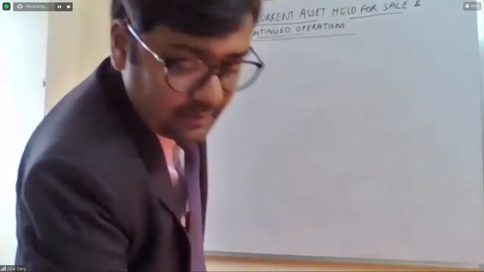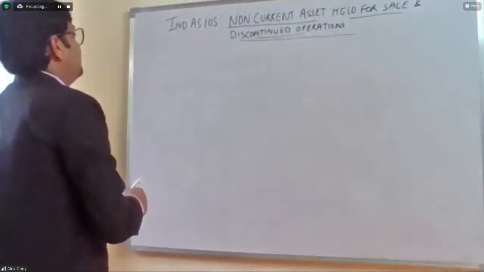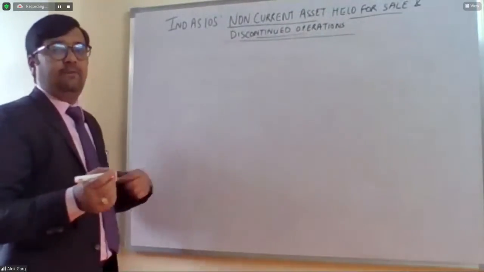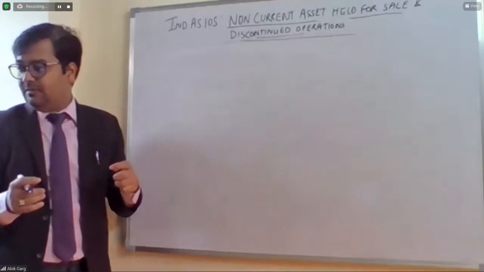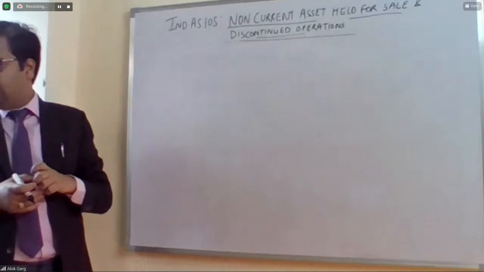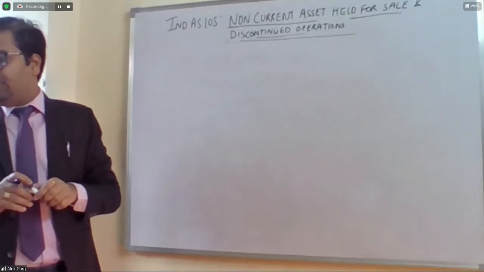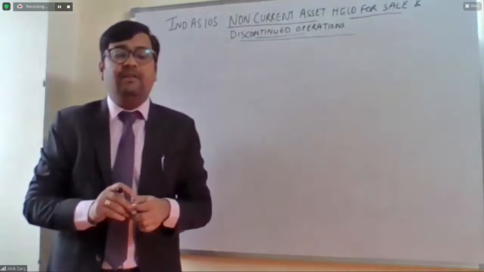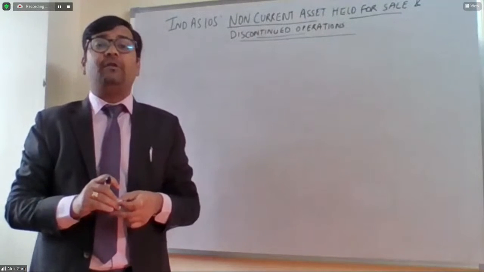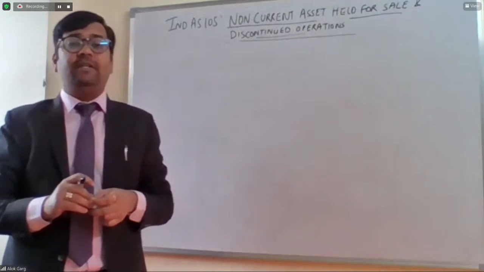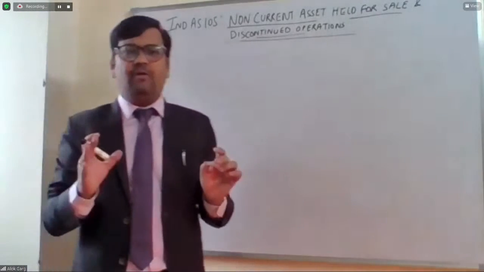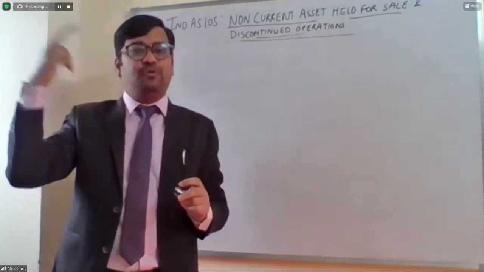Let me help you understand this measurement part with the help of an example first. Preeti is asking, but sir, if they are not going to be used in future? Preeti, as of now it is the intention of the management to use it in future.